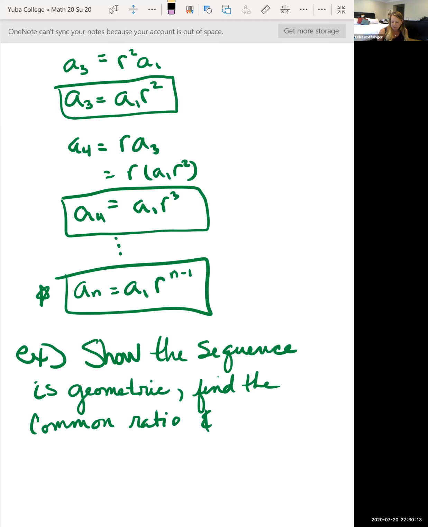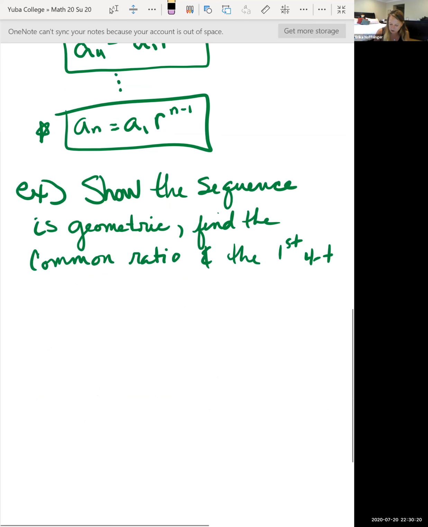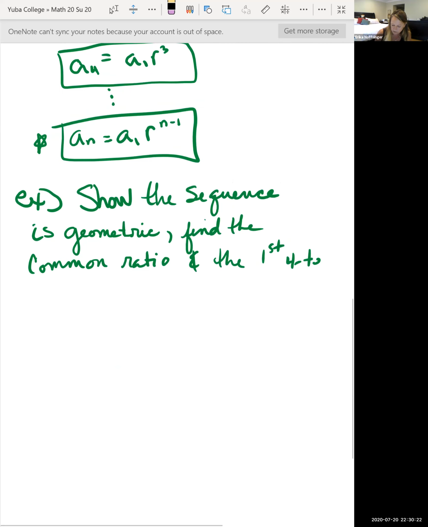And the first 4 terms of the following. So let's say S of n is equal to 7 all raised to the n divided by 4th power.